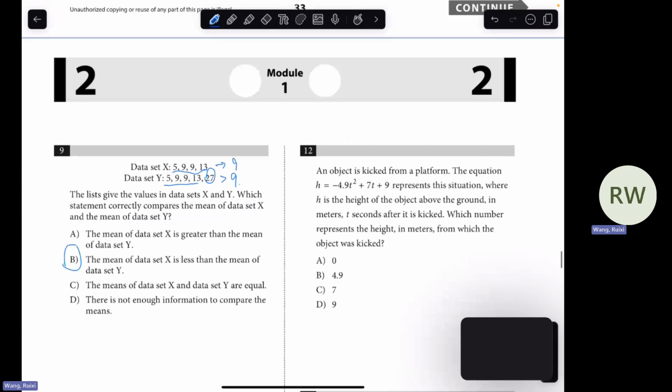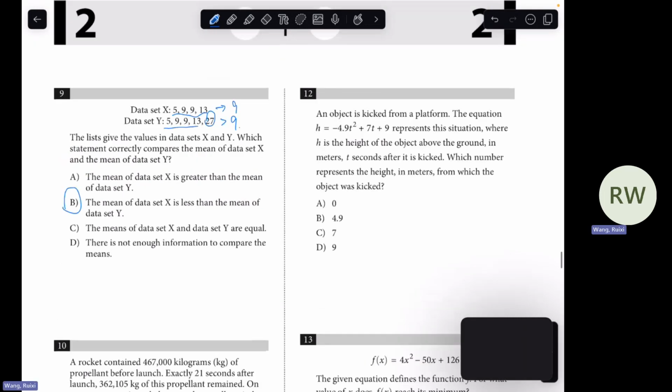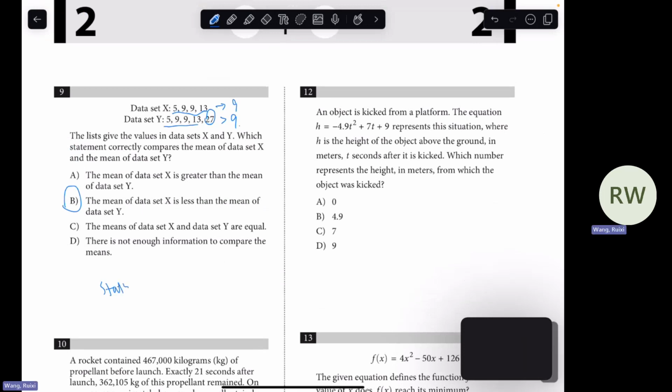The mean is the summation of all the data divided by the number of data. So make sure you know the stats terms and definitions.